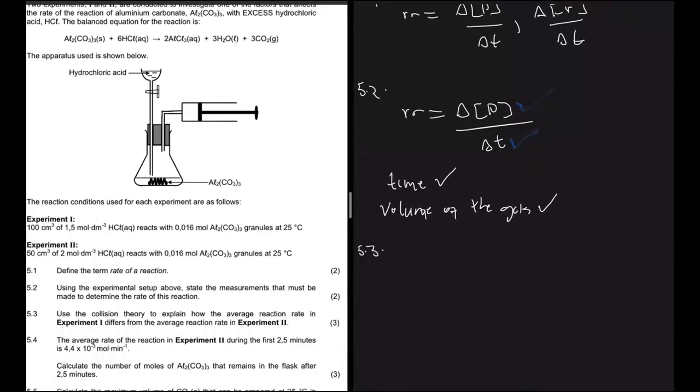5.3 says, use the collision theory to explain how the average reaction rate in experiment 1 differs from the average rate in experiment 2.